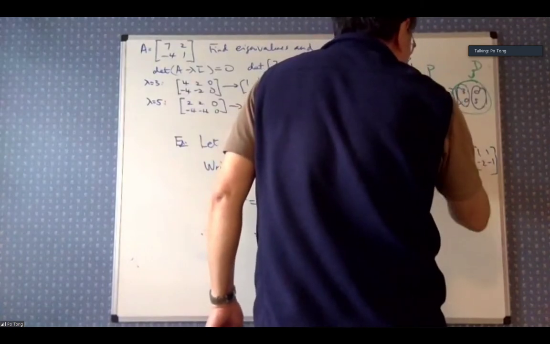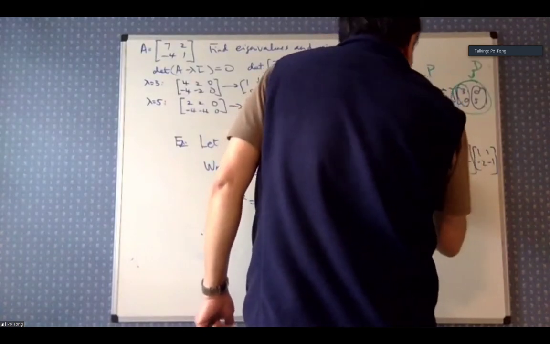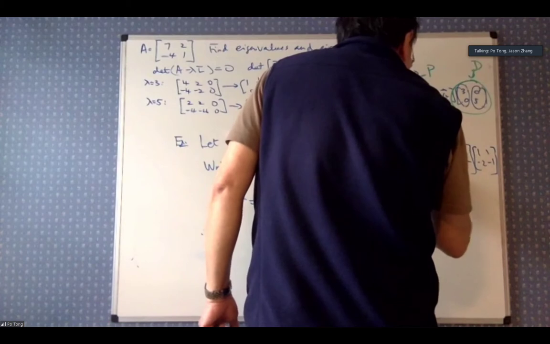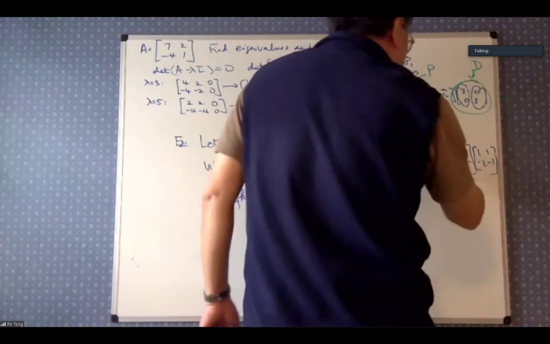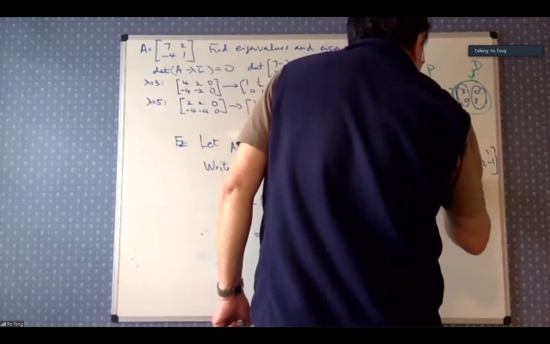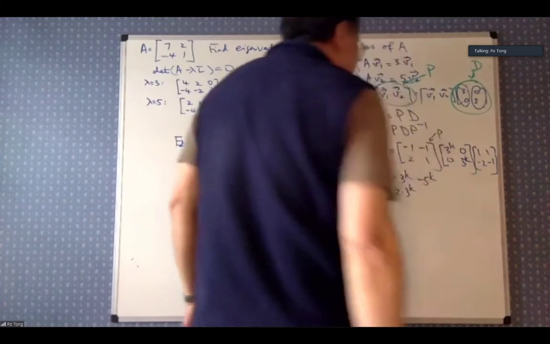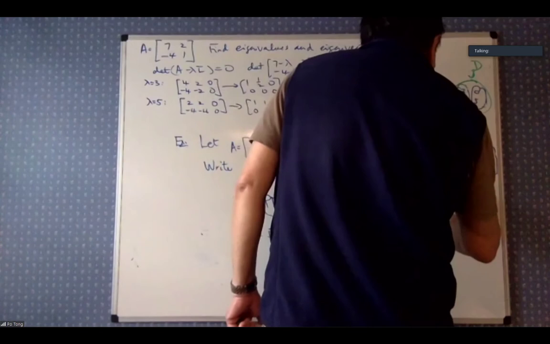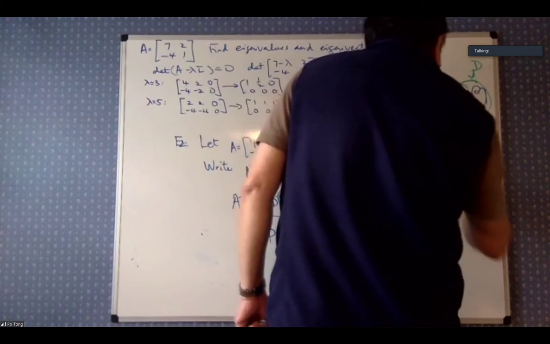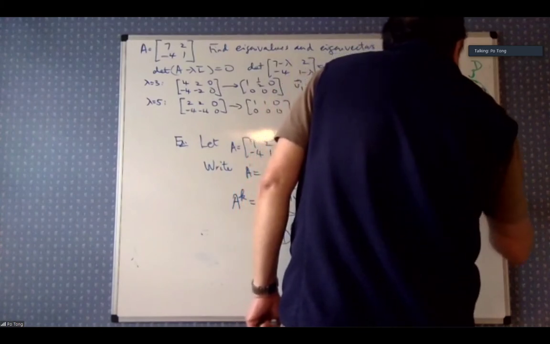Okay, multiply this together. Minus 3 to the power k, minus 5 to the power k, 2 times 3 to the power k, 5 to the power k, 1, 1 minus 2 minus 1.